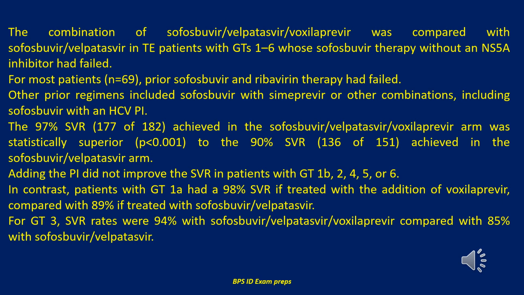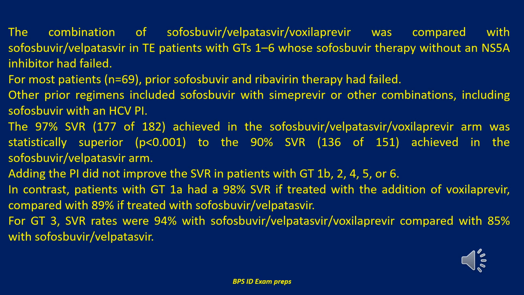The 97% SVR, that is 177 of 182, achieved in the sofosbuvir plus velpatasvir plus voxilaprevir arm was statistically superior, with a p-value less than 0.001, to the 90% SVR, that is 136 of 151, achieved in the sofosbuvir plus velpatasvir arm.